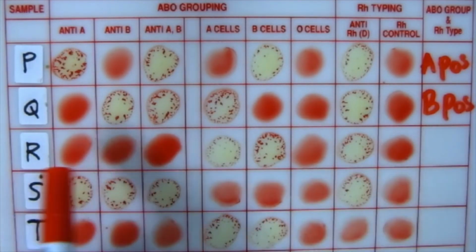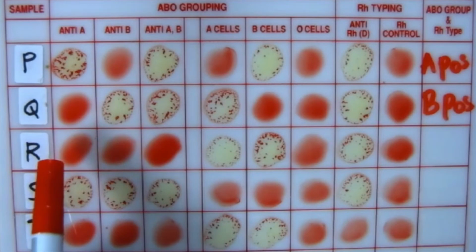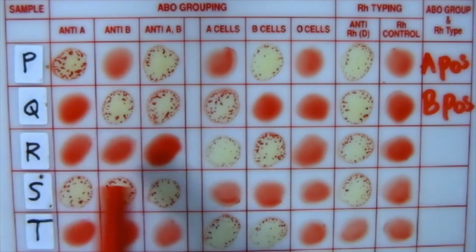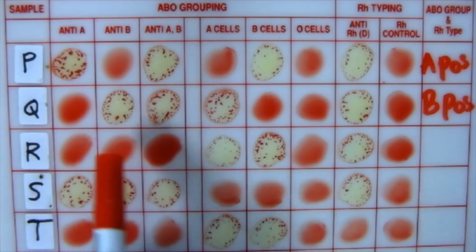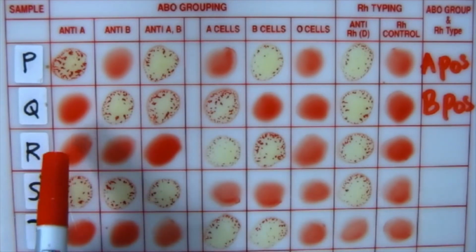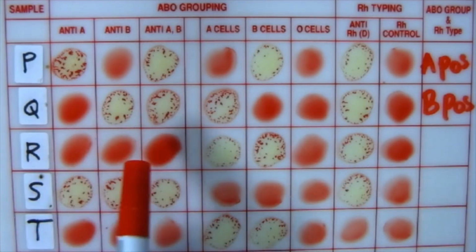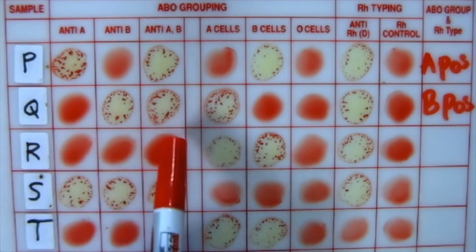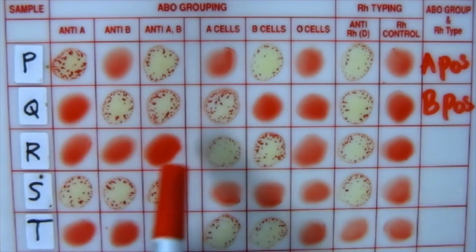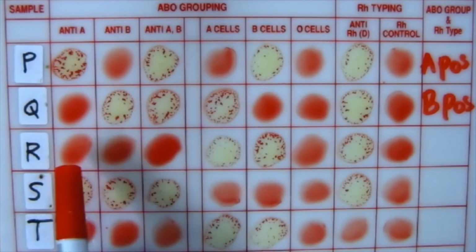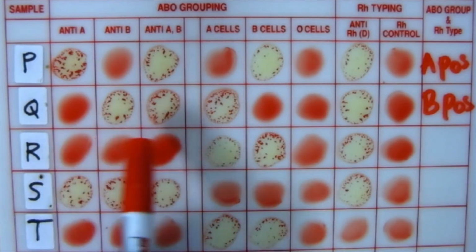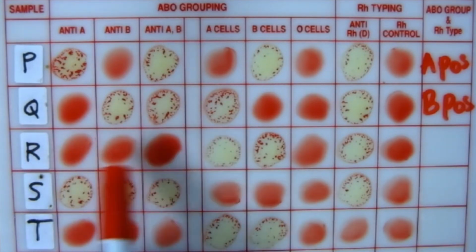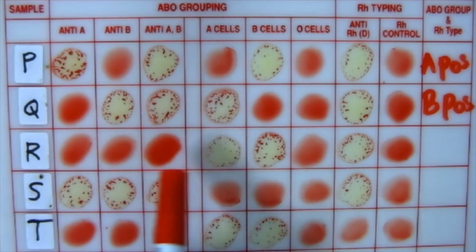Now this is interesting. You have a look at the direct grouping section here. There is no reaction shown by the anti-A, anti-B, and anti-AB. That means patient R is showing no presence of antigen on his or her red blood cell surface.